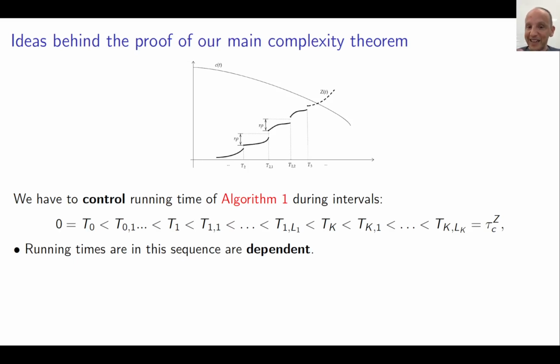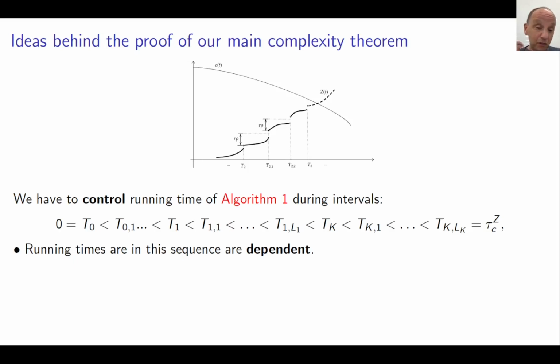So these problems are nested. And for this dependence, we had to develop a simple but effective adapted method for bounding it. In other words, the running times between these times are not IID, of course, and they cannot be bounded by anything IID. One really needs to look at this adapted behavior.